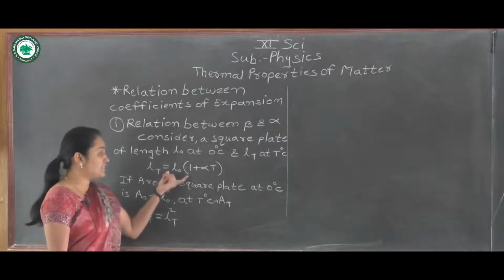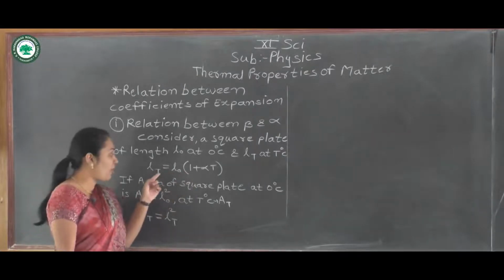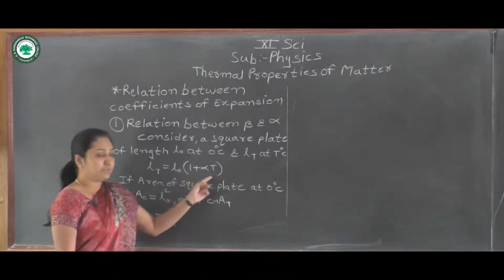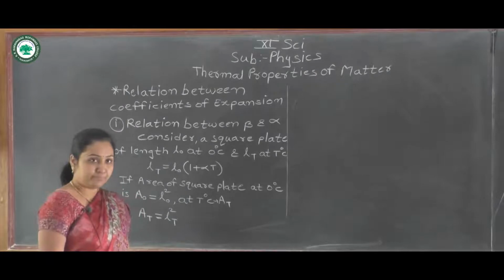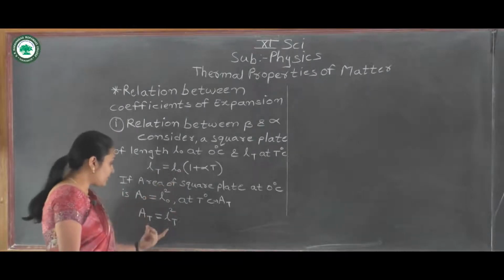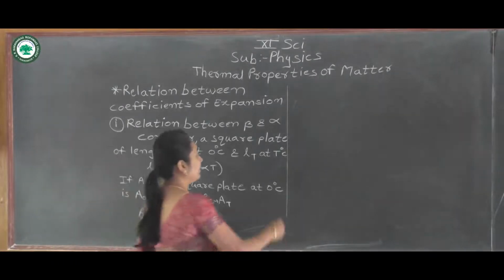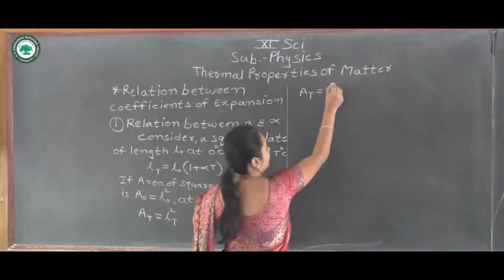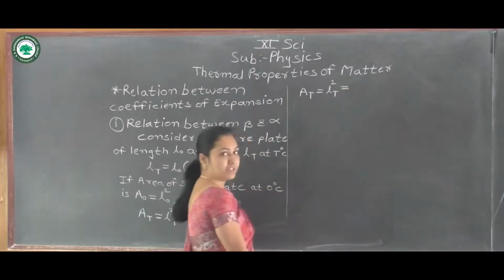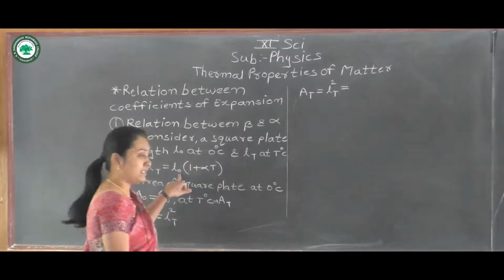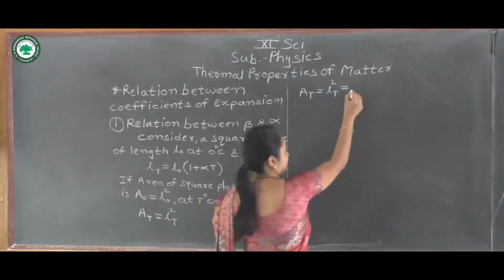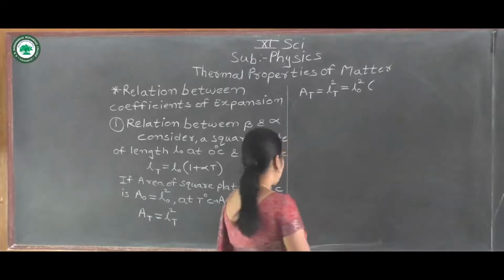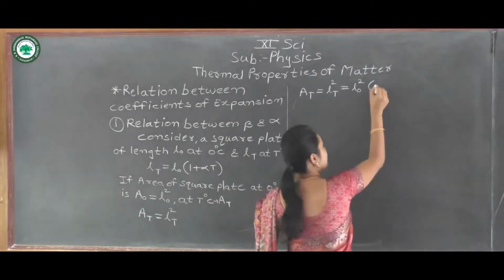Now if we see here, we have the formula of LT, which is equal to L0 in bracket 1 plus alpha T. So by using these two equations, we can write AT is equal to LT square, which is equal to L0 square in bracket 1 plus alpha T bracket square.